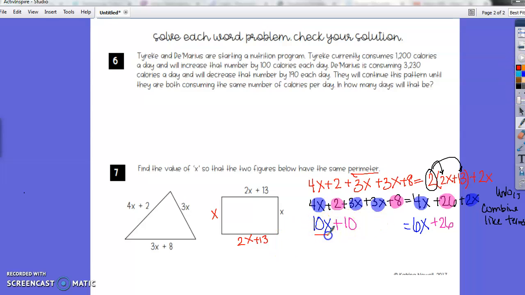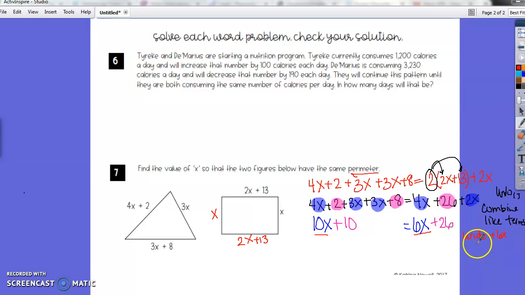So I have an x on the left side and an x on the right side. I need to get x together. So I'm going to move the smaller x. So which x is smaller? 10x or 6x? 6x is the smaller number, so we're going to move that. So we're going to undo positive 6x.